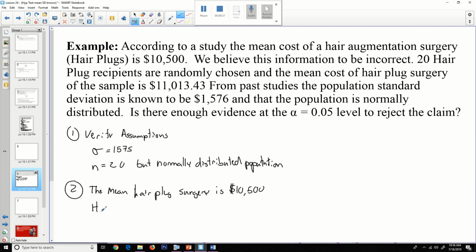And so our null hypothesis is going to be mean equal to 10,500. And so our claim this time is in the null hypothesis, and our alternative hypothesis is not equal to. And so this implies a two-tailed test.